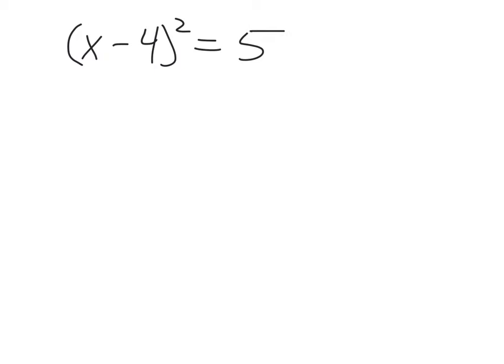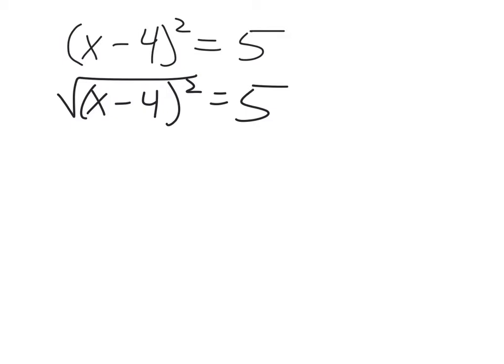Okay, next equation. Well, in this form, one thing we could do is use the square root principle, take the square root of both sides and solve it. Now, some of us may look at this and say, well, we need to multiply out the square and then set the equation equal to 0 and solve it that way. That works too, but what we can do with taking the square root of both sides, let's look at it in this manner.